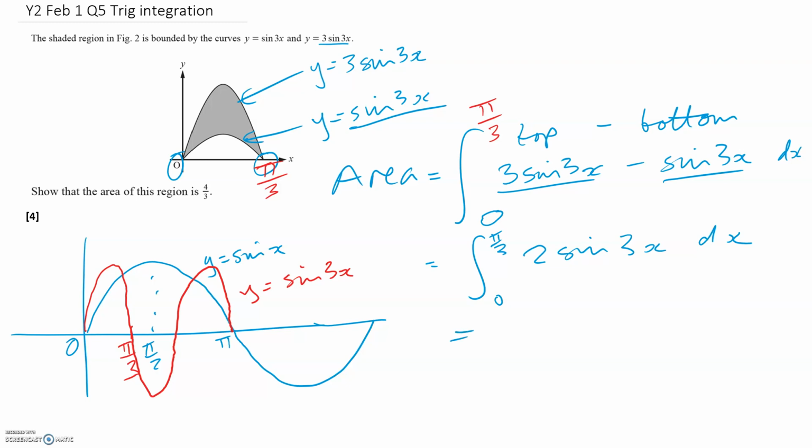When we integrate sine 3x, we'll get minus a third cos 3x. So once we integrate this, we'll get minus 2/3 cos 3x, and the limits are pi over 3 and 0.